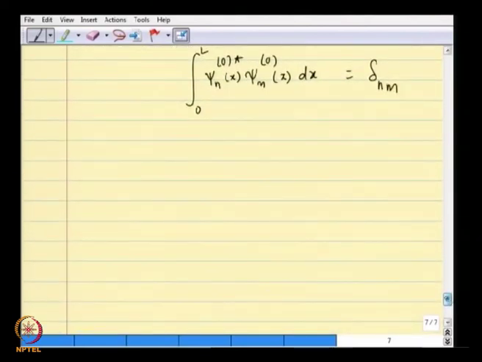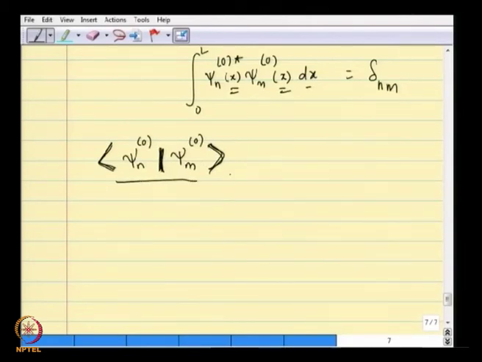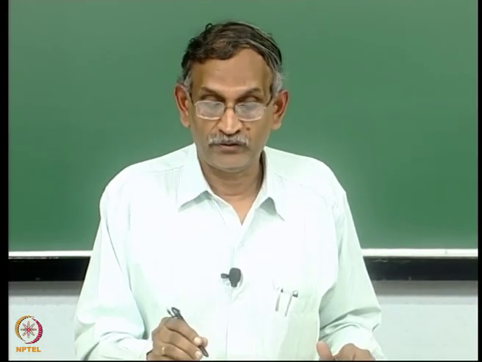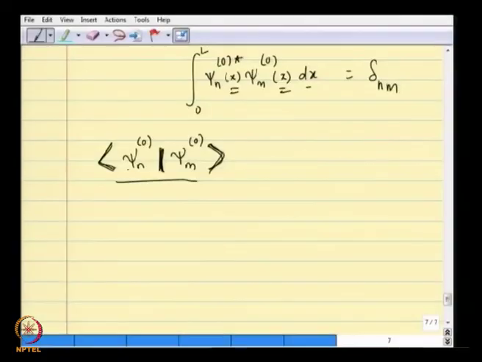Now before I close, I would just like to tell you that this is the same thing as the bracket psi n 0 psi m 0, where the x's and the integral dx have all been taken care of by this notation. That is, the integration over all the coordinates is not represented; it's understood when you do this bracket, and what you have is an abstract linear algebraic notation that the eigenkets are orthogonal to each other, and the eigenkets in the coordinate representation are orthogonal as given by this integral.